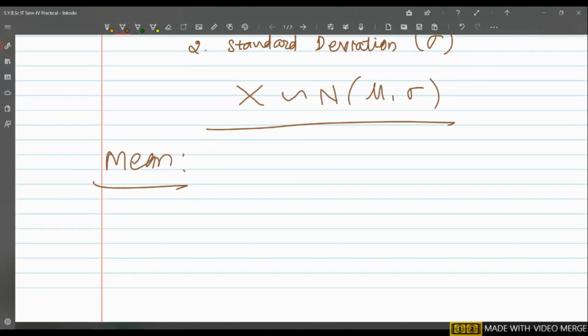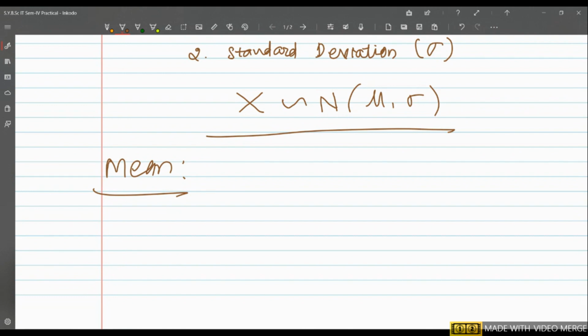Then standard deviation. Standard deviation measures the variability and defines the width of the normal distribution. Width in the sense of how much spread.